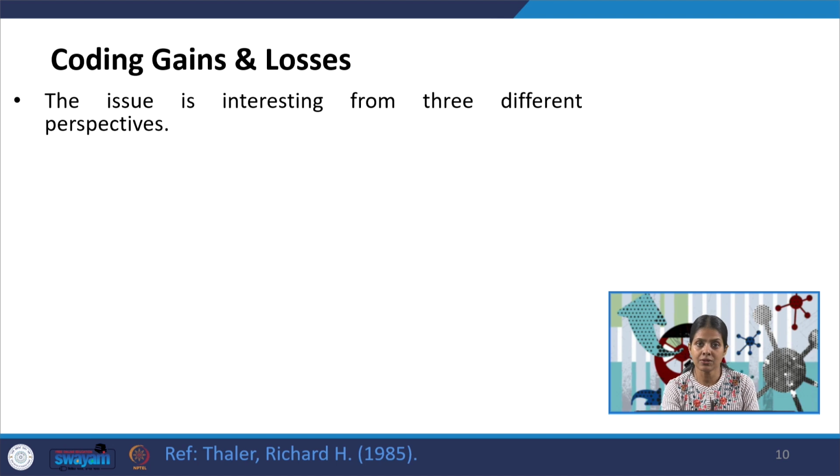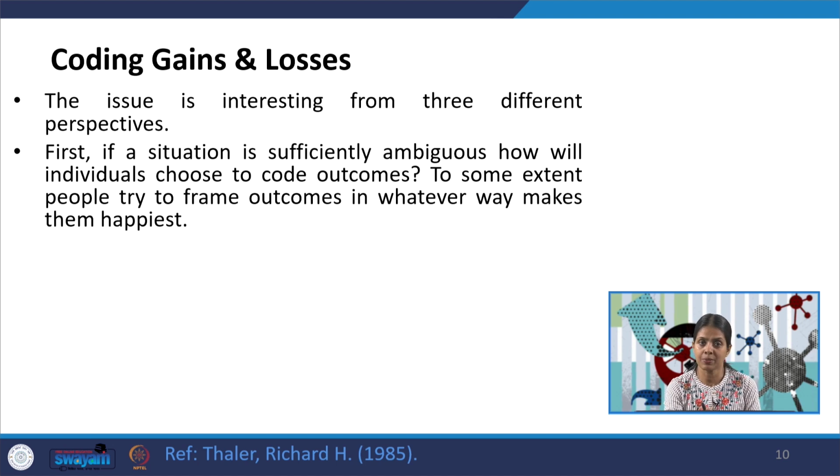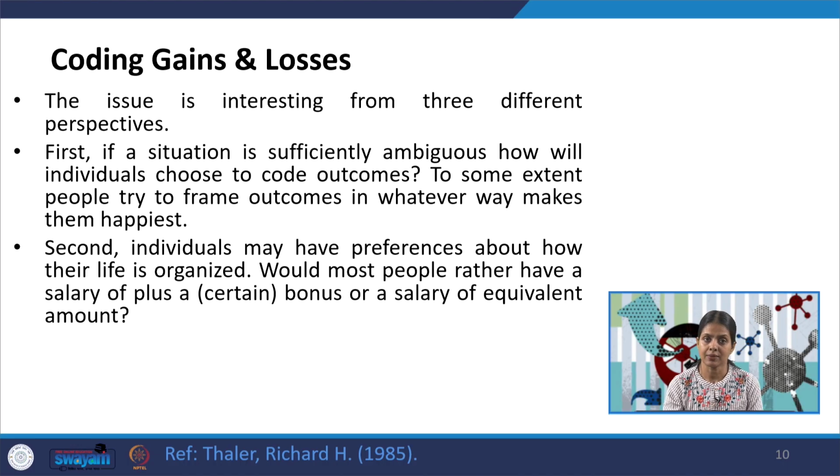The issue is interesting from three different perspectives. First, if a situation is sufficiently ambiguous, how will individuals choose to code outcomes? To some extent, people try to frame outcomes in whatever way makes them happiest. Second, individuals may have preferences about how their life is organized.